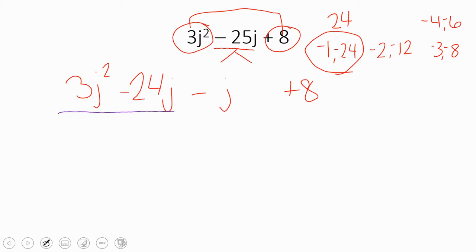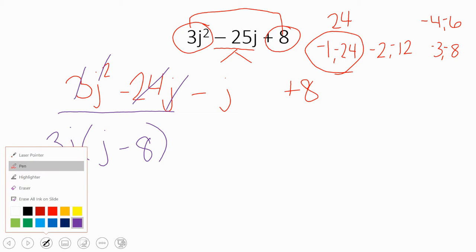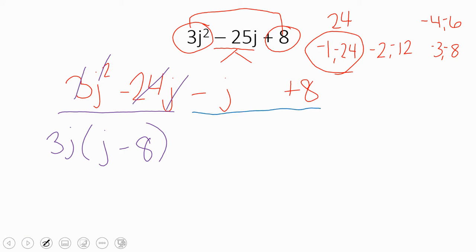So what can I divide both of those by? I can divide them both by 3j. So when I divide that by 3j, I'm just left with j. Keep the minus. When I divide that by 3j, I just get 8. Right, when I look over here, I should notice that this is already j and 8, however the signs are opposite.